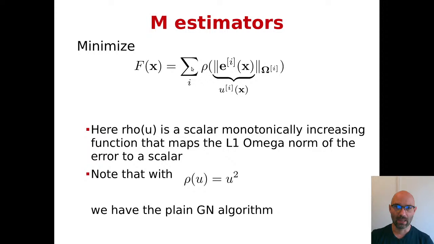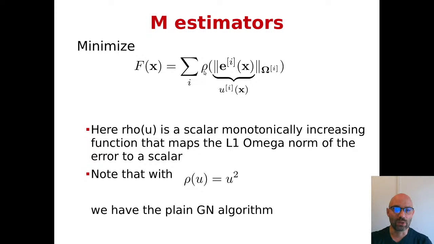So we minimize the sum of rho of the L1 omega norm of all the contributions. So u_i is the L1 norm, and rho is a generic function that has a requirement that it has to grow with the magnitude of this object over here, because otherwise we wouldn't be minimizing the correct thing. So the larger the error, the larger the rho of the error should be.